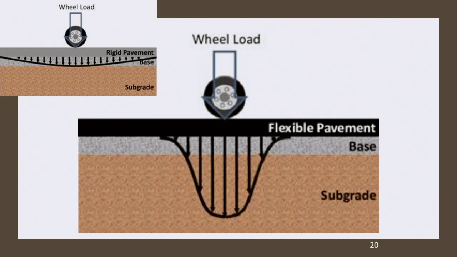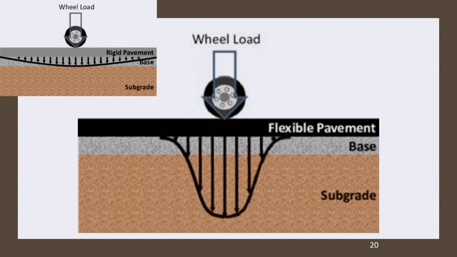Now coming to load distribution, as the engineer here said earlier today, this is one of the major advantages when it comes to rigid pavement. Why? Because the pavement, whether it is 8-inch or even more, acts like a rigid beam.